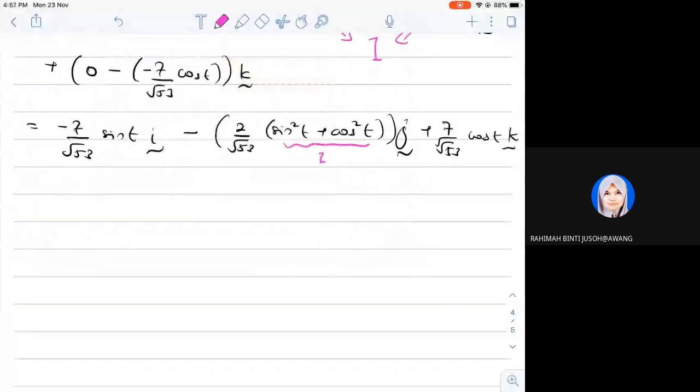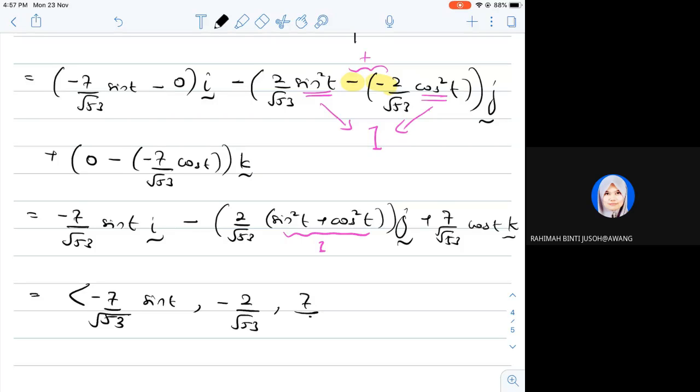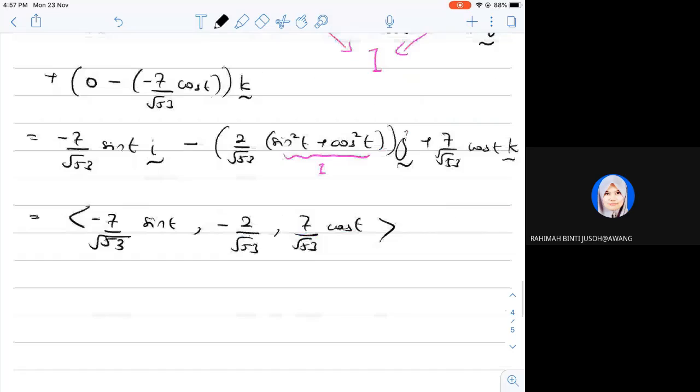Alright, so the answer is, I put a sharp bracket because I don't like to write IJK. So we have negative 7 over square root 53 sine t, and then negative 2 over square root 53, and then 7 over square root 53 cos t for K. Alright, so this is the answer.